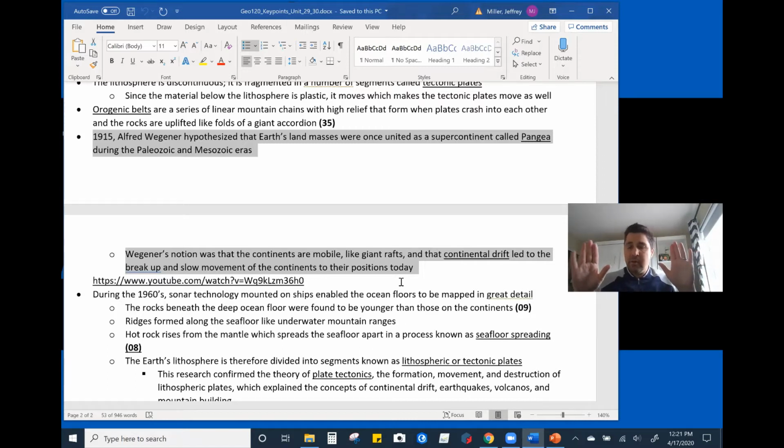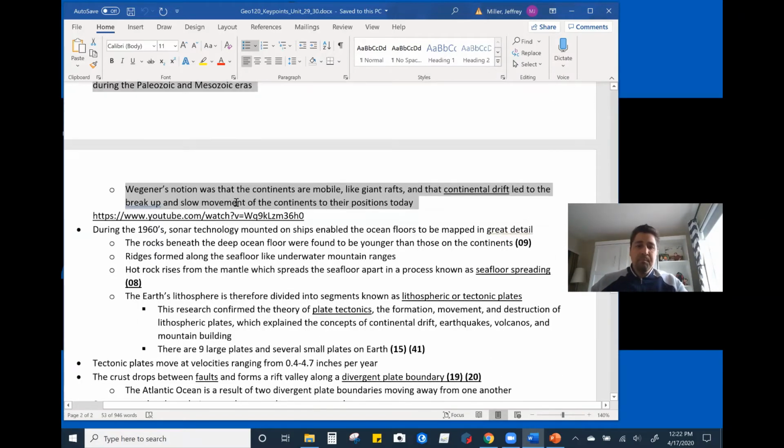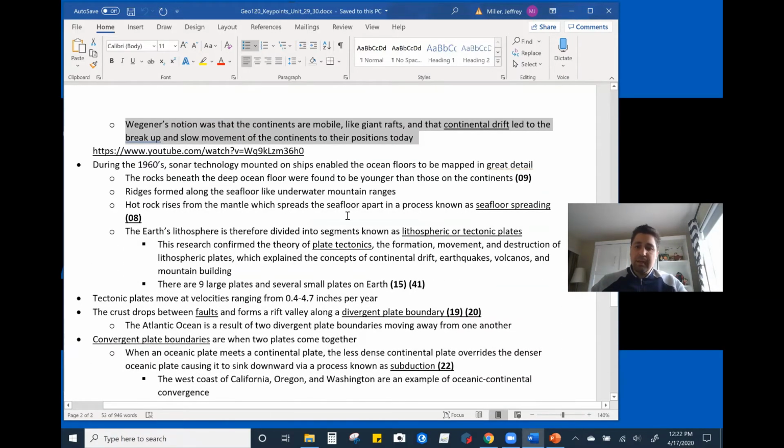Now, that's not to say where they are in 2020 is going to be their permanent position forever of all time. No, if we look at this 100 million years from now, they could be in totally different parts of the Earth, right? Because of continental drift and Wegener's notion. Check out YouTube. Let's do that now, and we'll come back and talk about the rest of tectonic plates, boundaries, etc., like that.